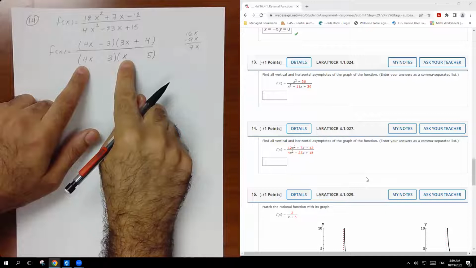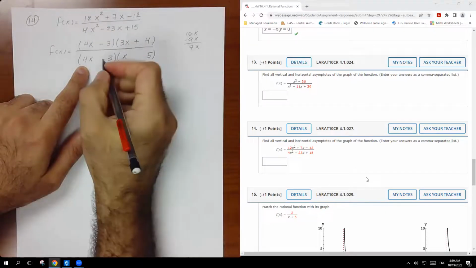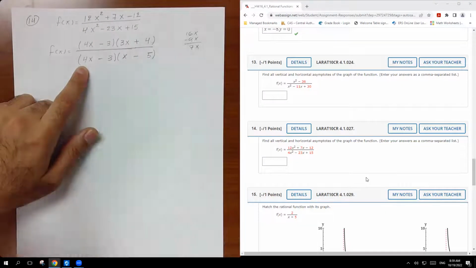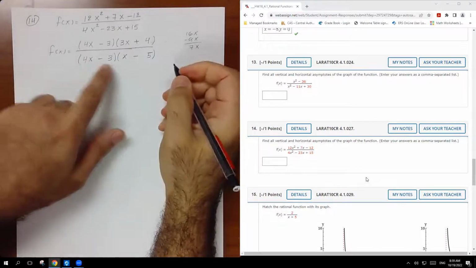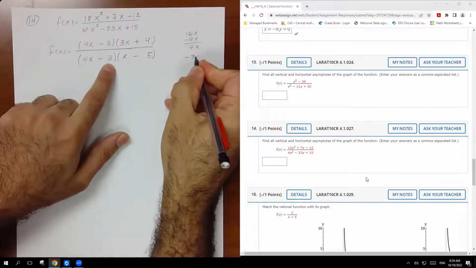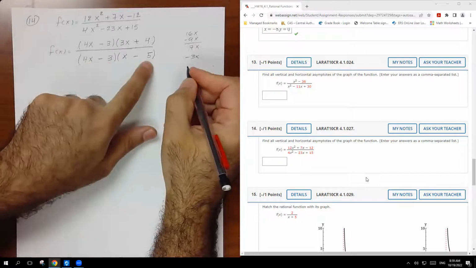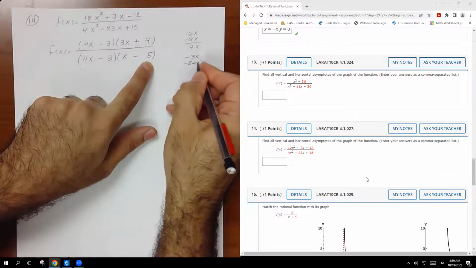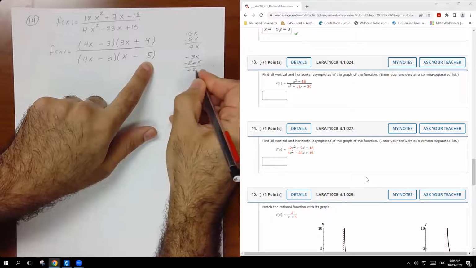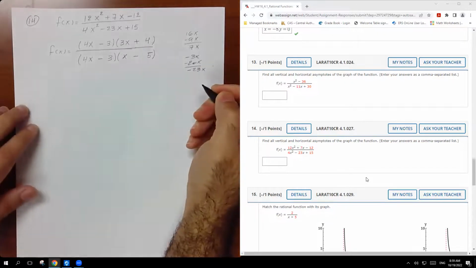And when you add it, it's going to be negative 23x. So I'm going to put minus here and minus here. Now let's check. Negative 3x and 4x times 5 is negative 20x. Add these together and it's going to be negative 23x.